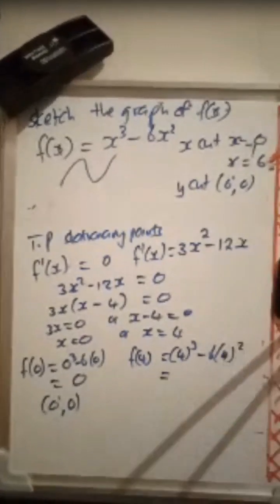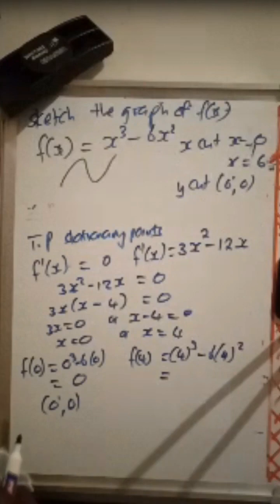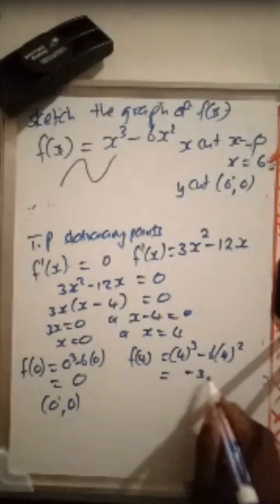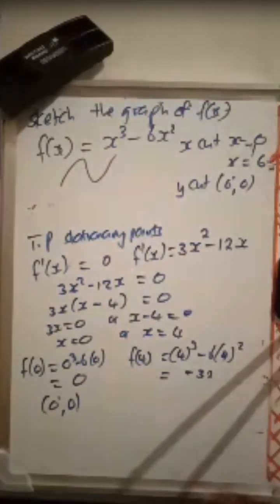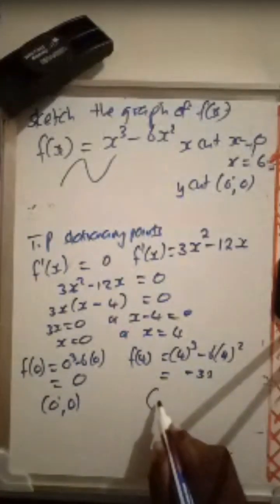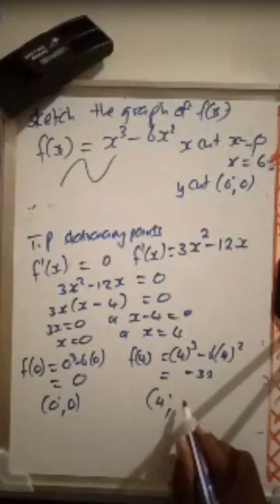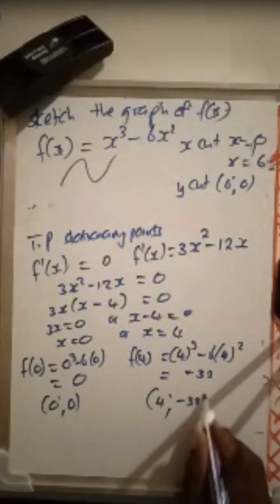If you have a calculator at hand, that is 64 minus 6 multiplied by 4 squared. We get negative 32. Right. So what does it mean? It means our two turning points are 0, 0 and 4, negative 32.